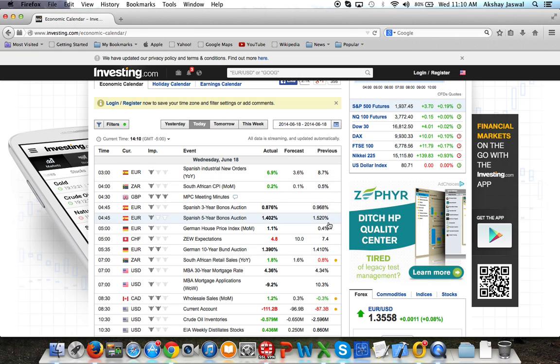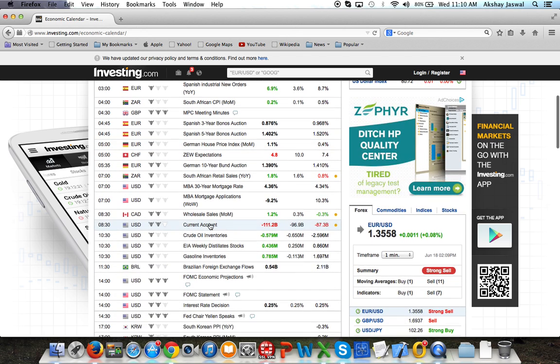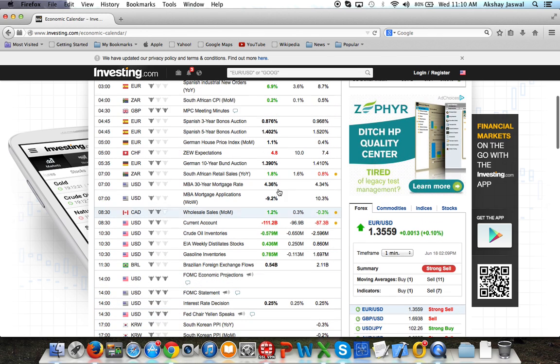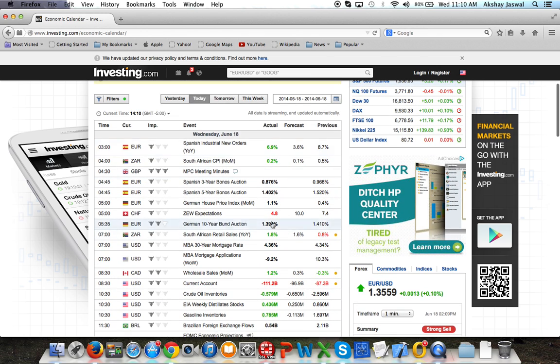So if you see here, this economic calendar is for today, and for some events you don't see the actual values. The reason being, these are still to happen, and these have already happened, so that's why you are seeing the actual values.